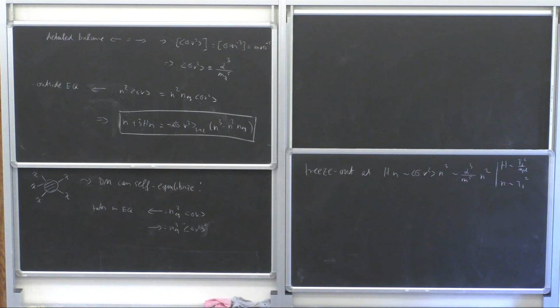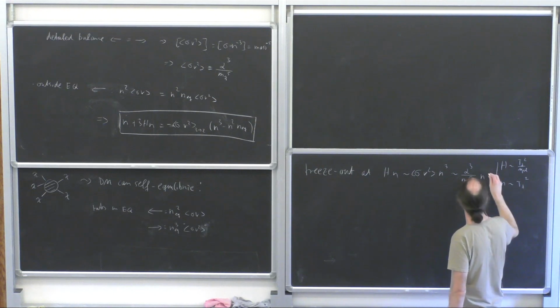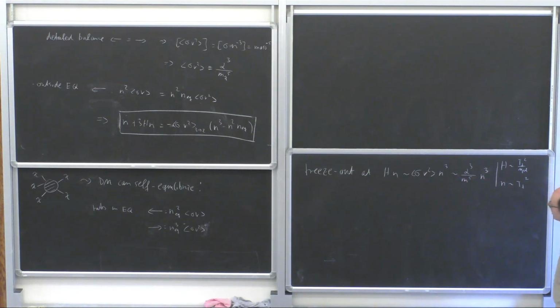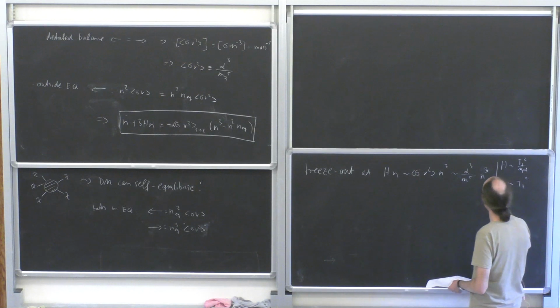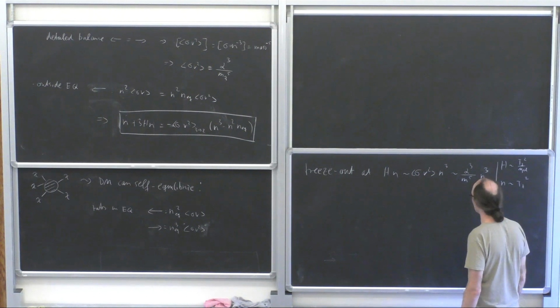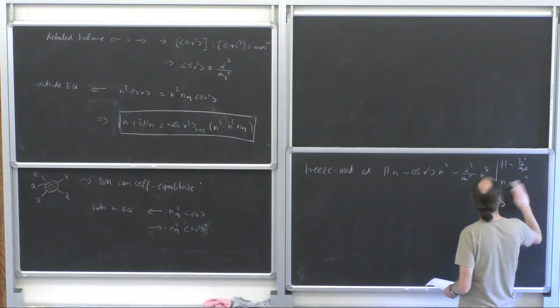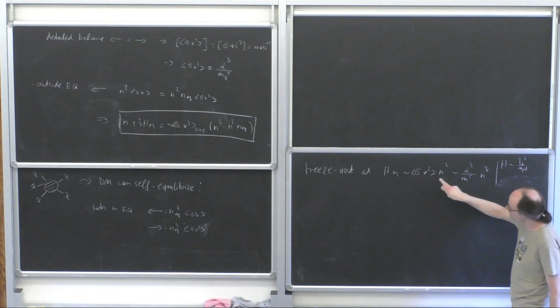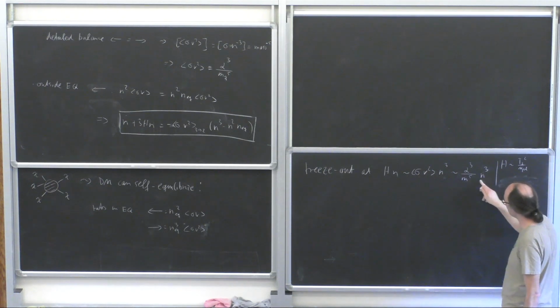And on the other hand, we want to make sure that this gives the correct relic density. Sorry, this is the cubes here. So let's solve for the correct relic density. Let's solve for the n here.